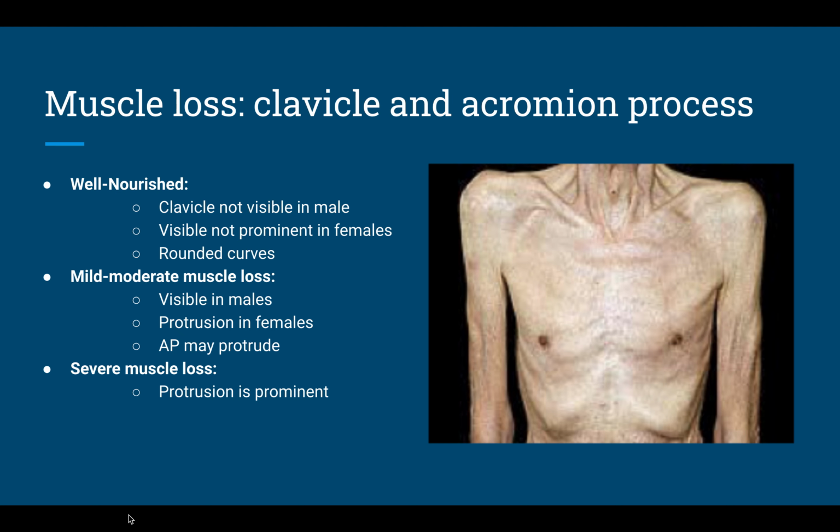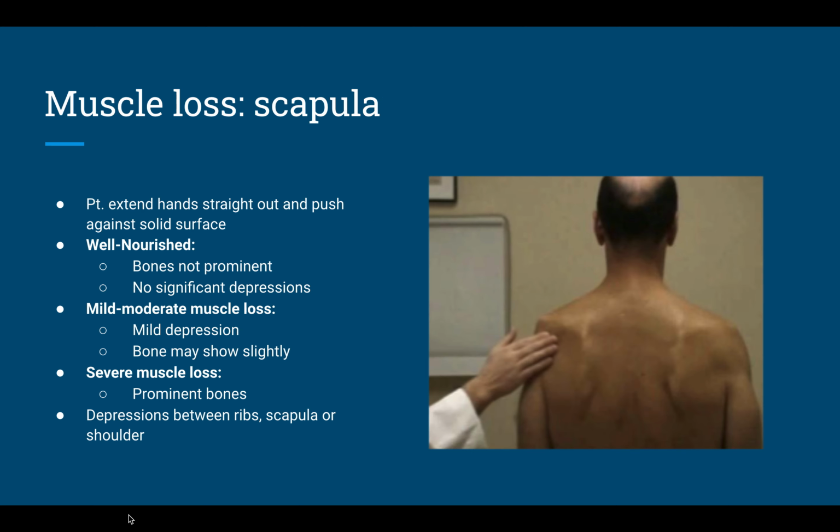Keep in mind, there are some people whose body just shows clavicle, and that's something you learn as you see more and more patients. For the scapula, in someone well nourished, bones are not prominent and there are no significant depressions; these become a little mild. And for severe muscle loss, there are predominant bones.